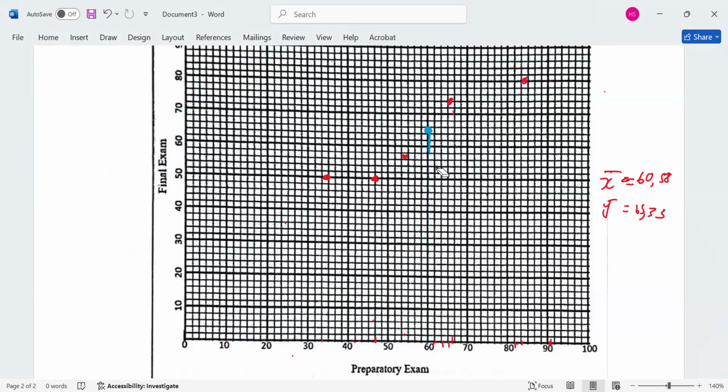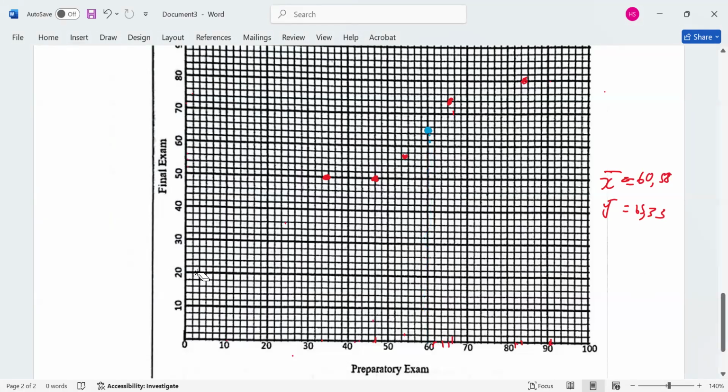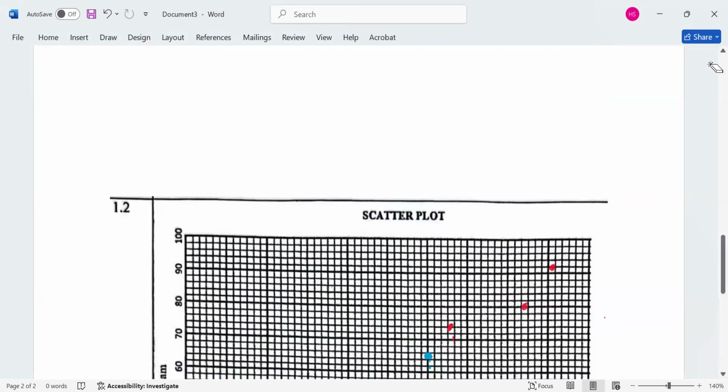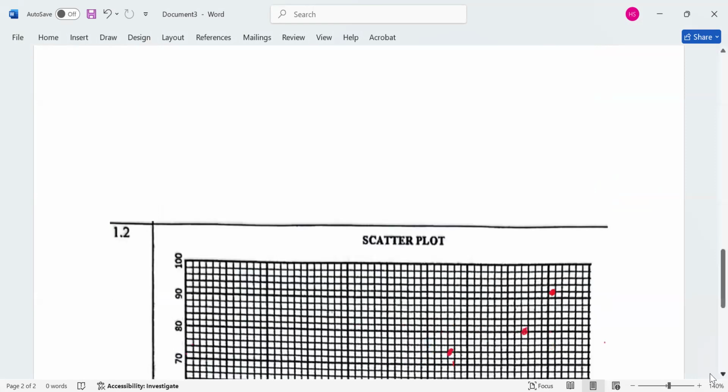Where else should it pass? On the y-axis, the Y-intercept. Let's do it this way so that you remember, guys. The one that is important, number 1, is the mean point.